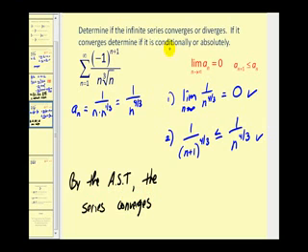But we want to know if it's conditionally convergent or absolutely convergent. So now we'll consider the summation of 1 over n times the cube root of n. Which, as we said before, is the same as 1 over n to the 4/3 power. To determine if this series converges, we can apply the P-series test.